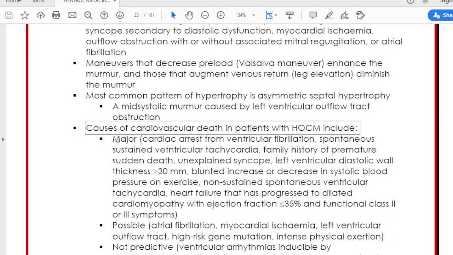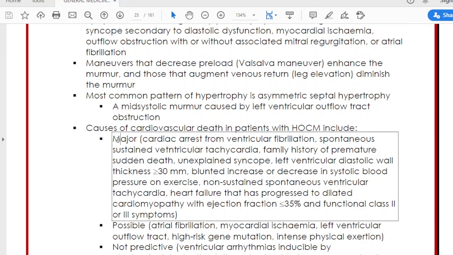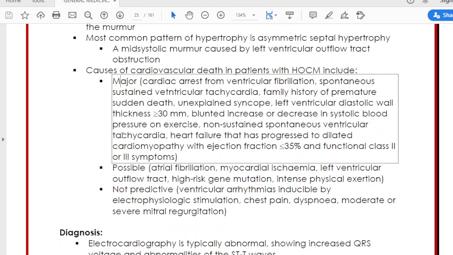Risk factors for cardiovascular death in patients with HOCM. Major: cardiac arrest from ventricular fibrillation, spontaneous sustained ventricular tachycardia, family history of premature sudden death, unexplained syncope, left ventricular diastolic wall thickness of at least 30 mm, blunted increase or decrease in systolic blood pressure on exercise, non-sustained spontaneous ventricular tachycardia, heart failure that has progressed to dilated cardiomyopathy with ejection fraction of 35% or less and functional class 2 or 3 symptoms.